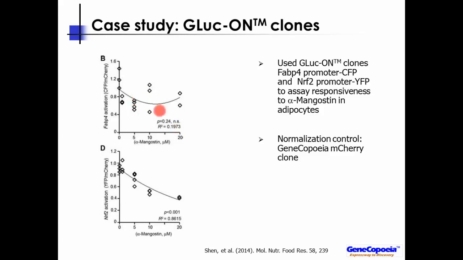For the FABP4 promoter, there was no effect at all of alpha-mangosteen on expression, and this is a quantitative assay. However, they got a clear result showing that alpha-mangosteen downregulates the NRF2 promoter. And so this was another clear example of how a promoter-reporter clone coming from GeneCopoeia can give a nice clear result in promoter regulation.